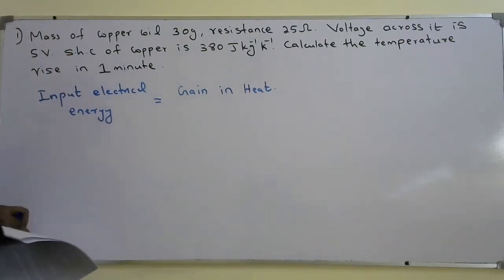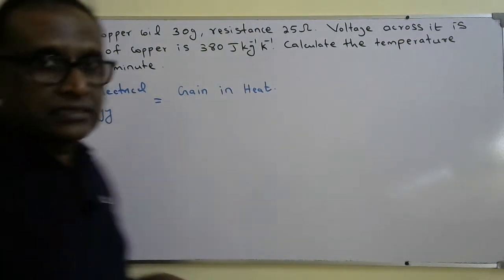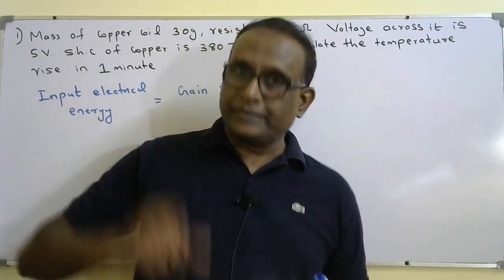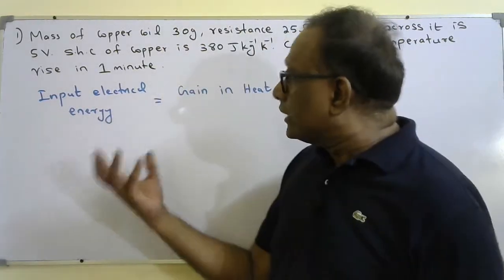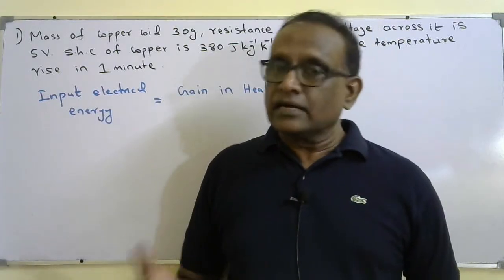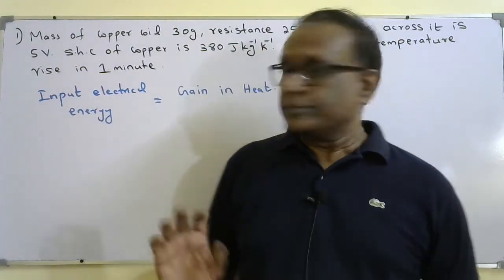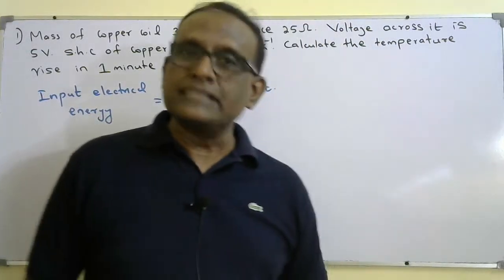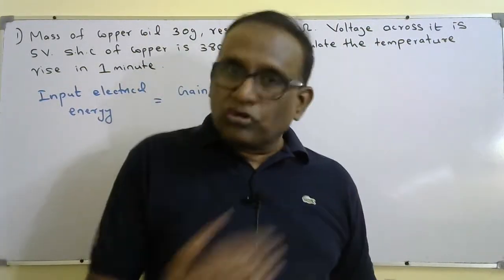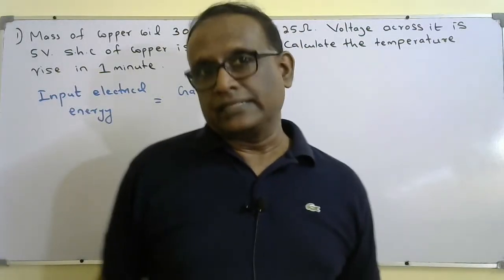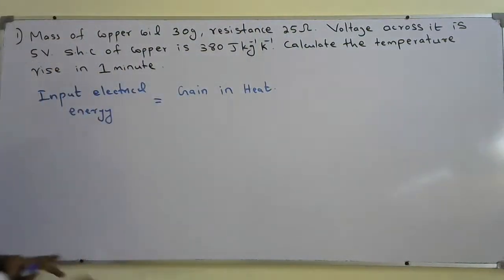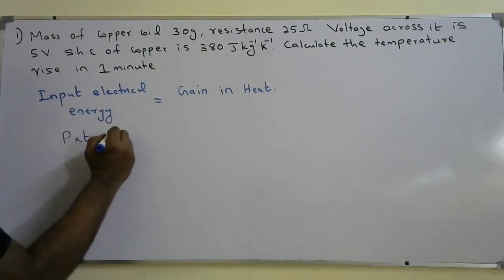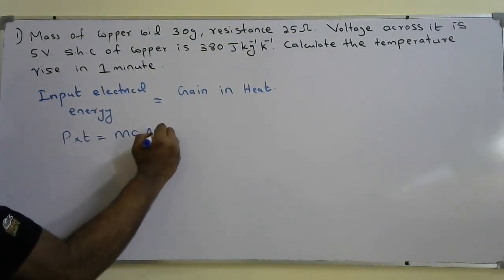It's thermal energy, so the coil is going to gain heat. That means the atomic vibrations increase. It's like we are doing work by using electrical energy, so the atoms are going to vibrate, the temperature is going to increase. That means temperature increasing means heat has flowed to the coil. So input electrical energy, power into time, is equal to mc delta T.